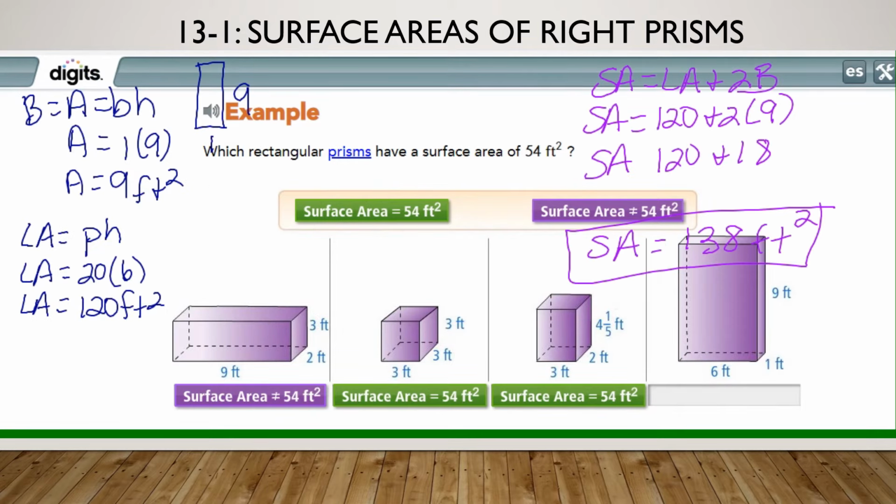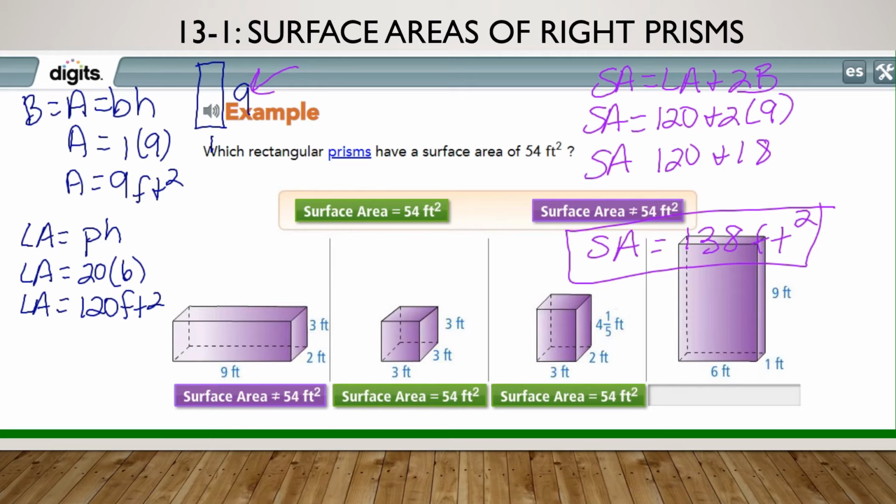All right, I went ahead and completed this as if the side was our base. So this will be our dimensions, 1 by 9. The area of the base will be 1 times 9, which is 9 feet squared. And then the perimeter of the base, you do 9 plus 1 and then multiply that by 2. So the perimeter of the base will be 20.